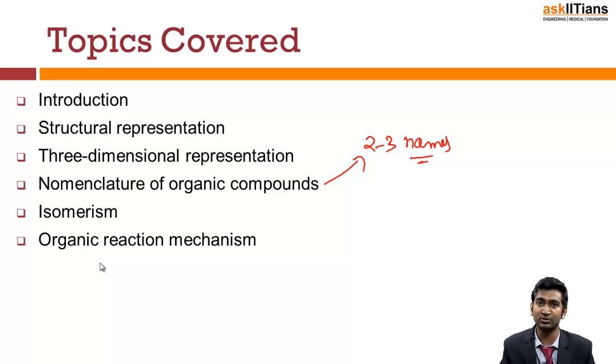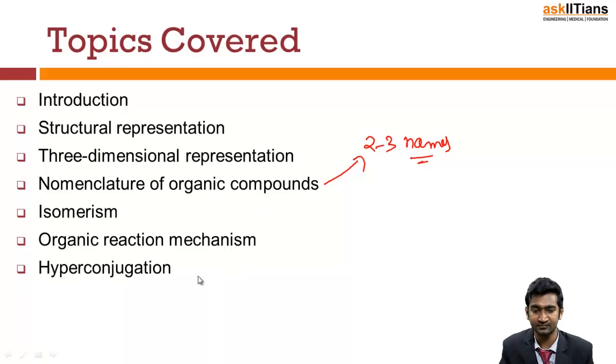If you learn those concepts, there is nothing to mug up here in organic chemistry. Trust me. So how do those mechanisms evolve a new product from reactants, that I will be discussing. Then hyperconjugation. This is a very important property which helps in telling us which molecule is more stable as compared to which molecule. So that also I will be discussing.